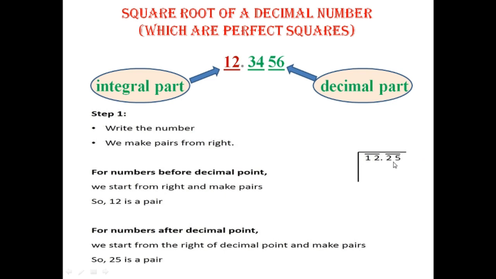Please keep this point in mind: in decimal numbers, you will make pairs of the numbers before the decimal point from right to left, and after the decimal you will make pairs from left to right. You will move to this side.